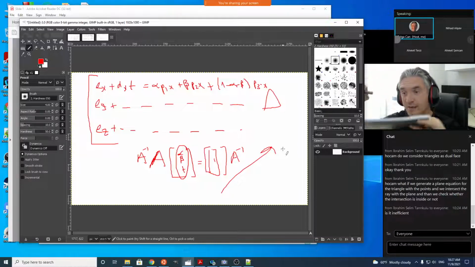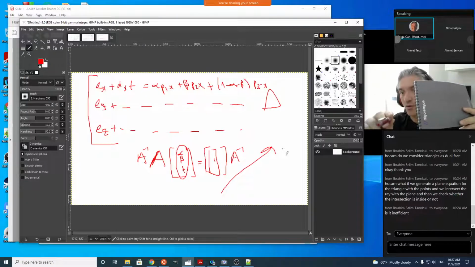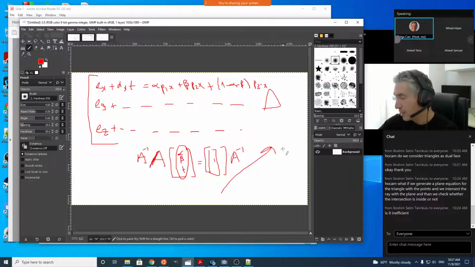That's one way. The other thing is that your ray may just pass through your triangle from its side. It doesn't penetrate the triangle, but it goes through the plane of the triangle at some other point. So when you use the plane of the triangle and try to intersect your ray with the plane, in addition to finding the intersection point, you have to check this point with a triangle inside-outside test.